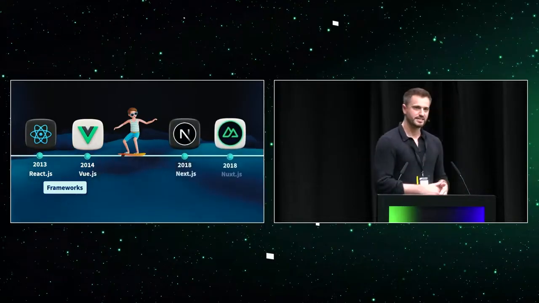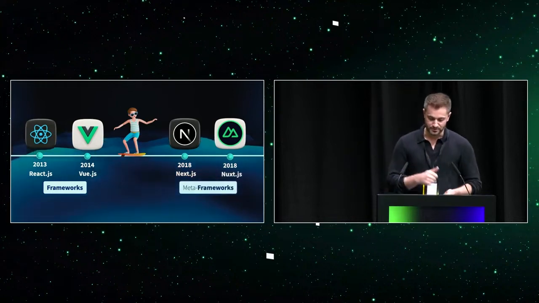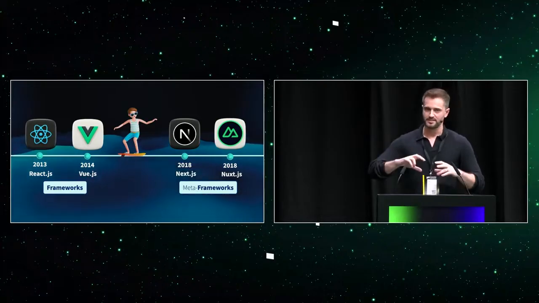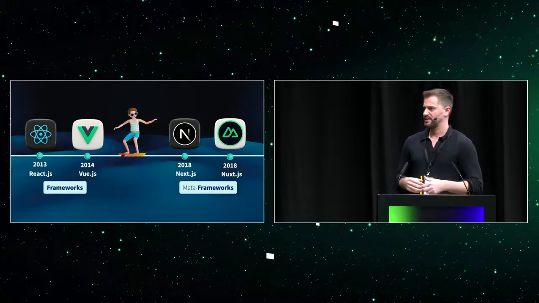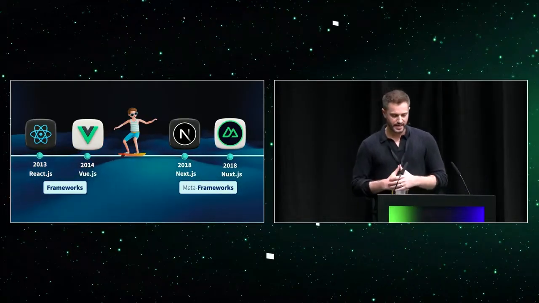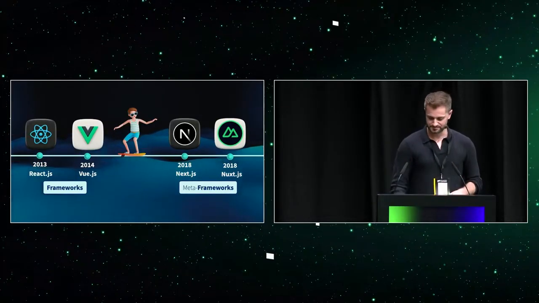Next.js for React, and Nuxt.js for the Vue library. These essentially sit on top of and supplement the frameworks that they sit on top of, and they're going to provide some boilerplate, some optimizations, and just make it even easier to build really robust modern applications.